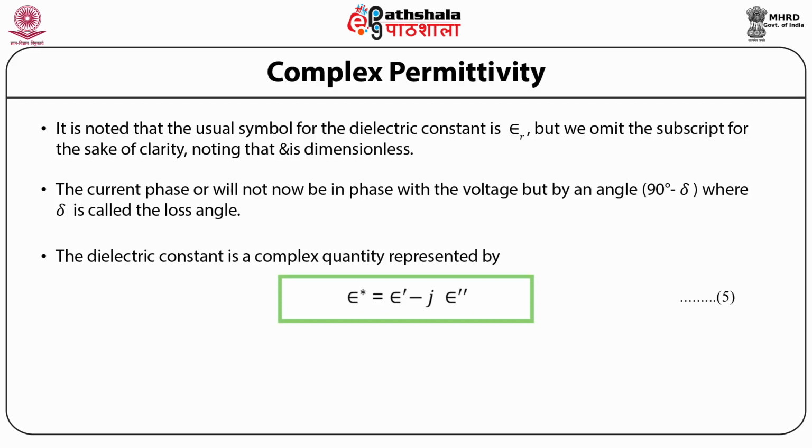The component in phase with the applied voltage is Ix = V omega C0 epsilon double prime, and the component leading the applied voltage by 90 degrees is Ic = V omega C0 epsilon prime. This component is the charging current of the ideal capacitor.